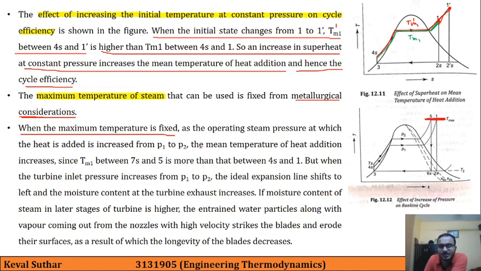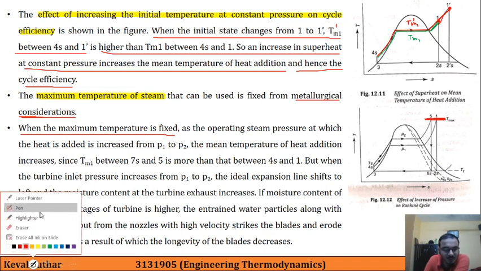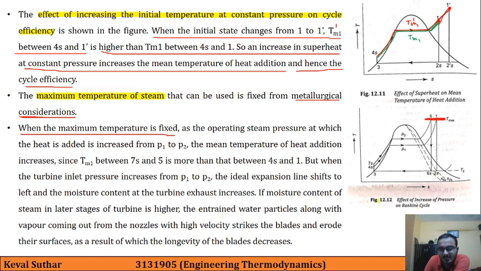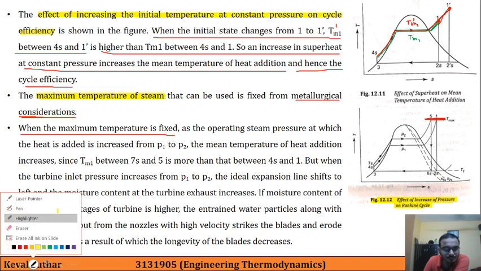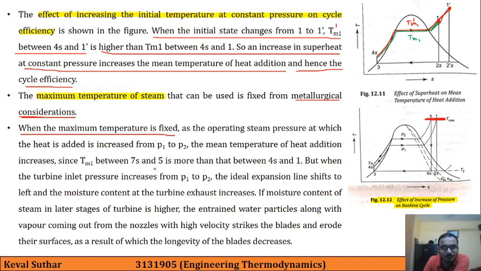Now we are going to see our next effect, that is the effect of increase of pressure on Rankine cycle. So we will see what will be the effect of increasing the pressure. Let us say that the operating steam pressure at which the heat is added is increased from P1 to P2.